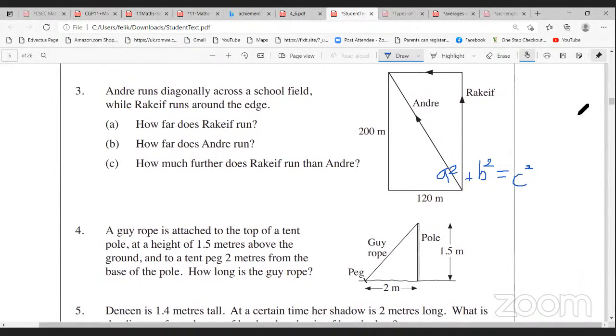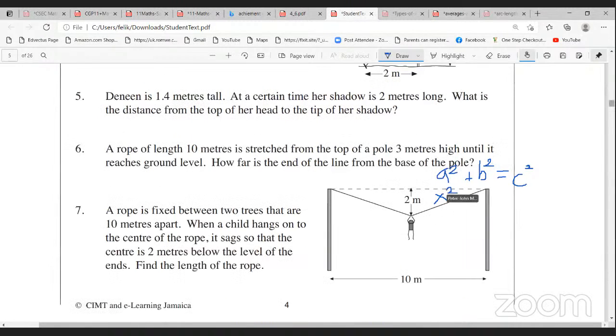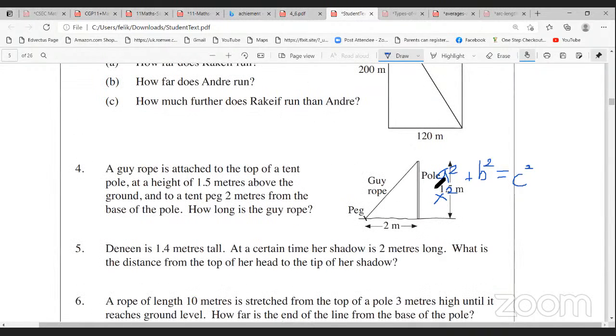Okay, now I'll do x squared equals 2 squared plus 1.5 squared. x squared equals 4 plus 2.5. Wait, no? Yeah, 2.5.